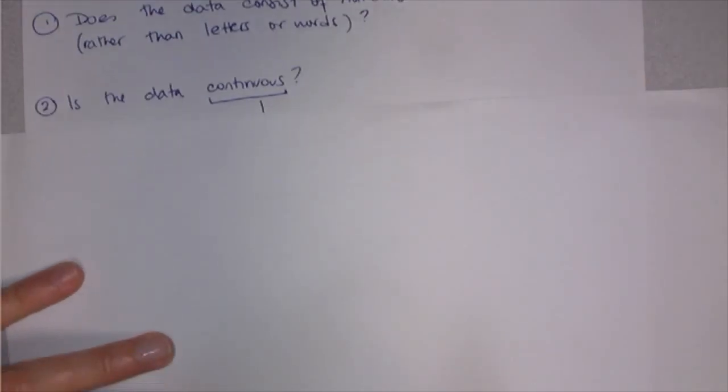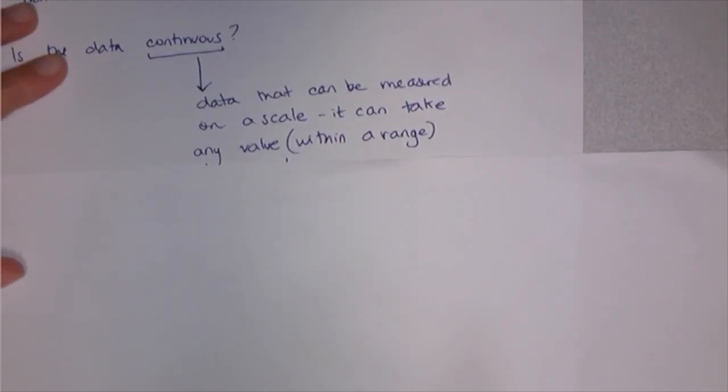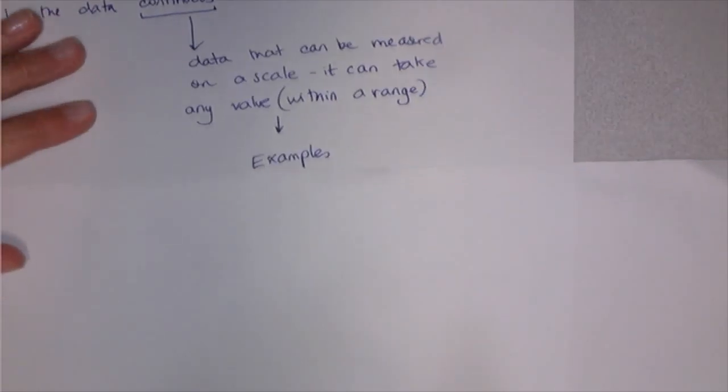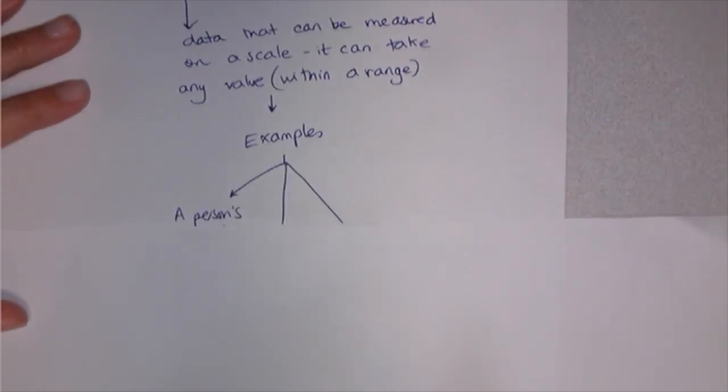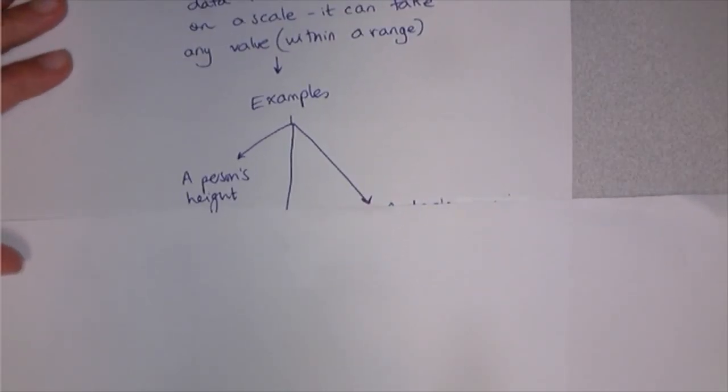What does this mean? Continuous data is data that can be measured on a scale, and it can take any value within a range. An example of continuous data is a person's height. An adult is expected to measure between maybe 1 meter 20 and 2 meters 50.